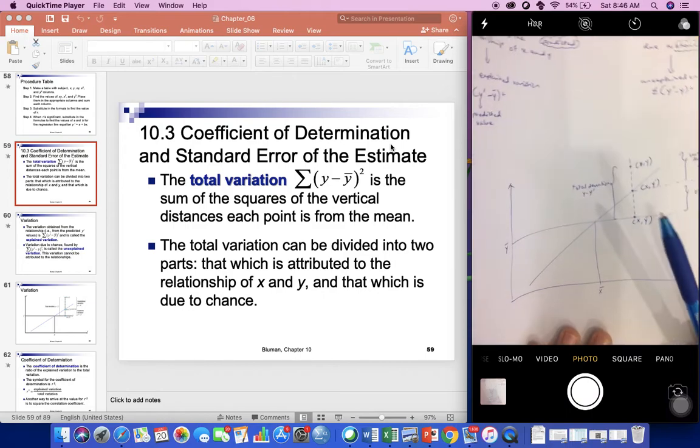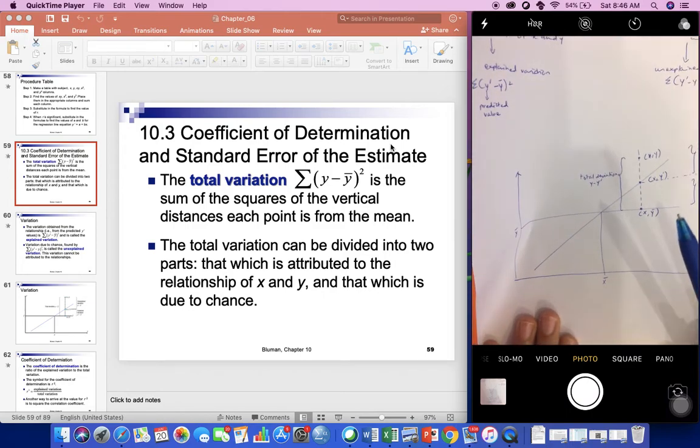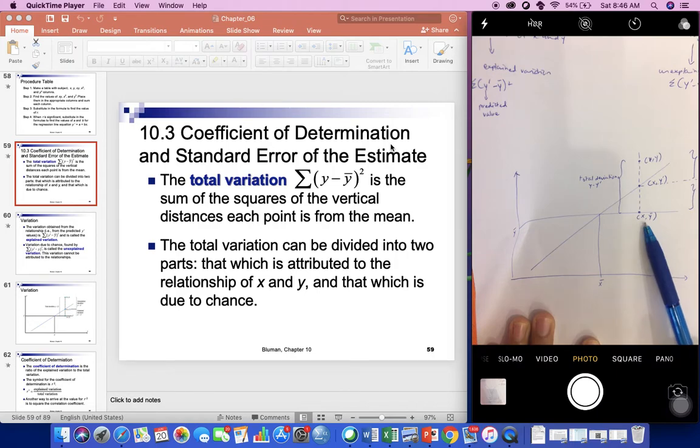When you look at the graph, this is the value of X here.